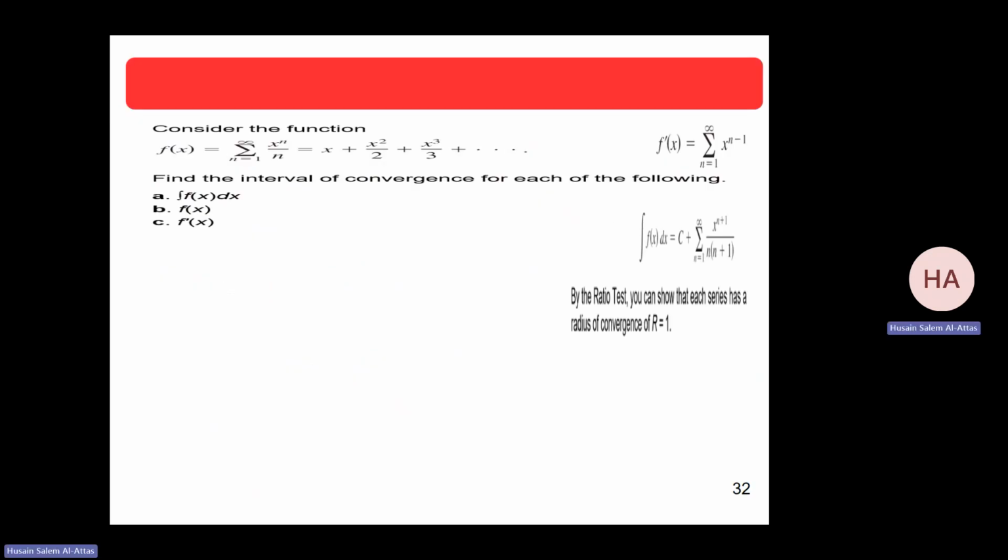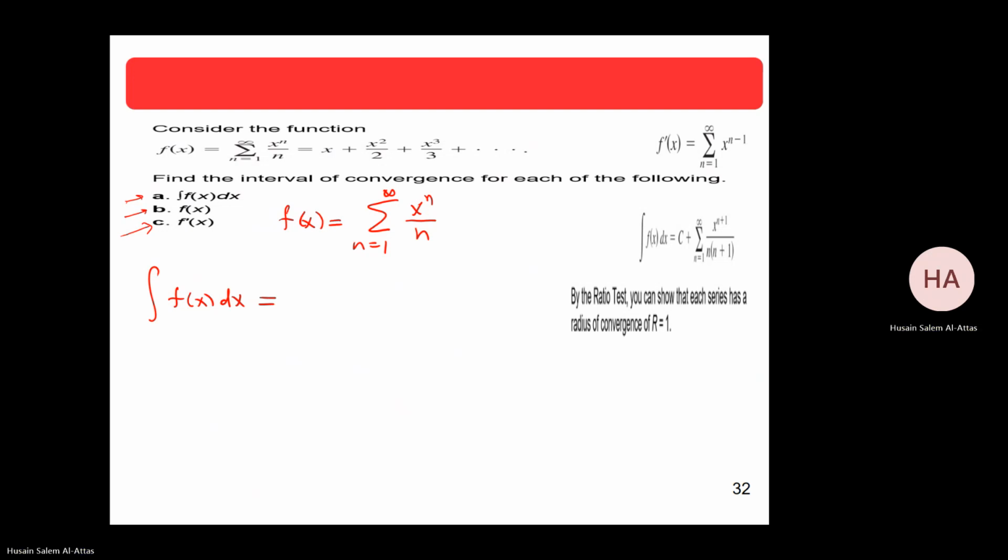Okay. Now let me take this series and find the interval of convergence for each of the following: the integral, the function, the derivative. So this is my function: summation n equals 1 to infinity x to the power n over n. First, I need to find its integral, f of x dx.